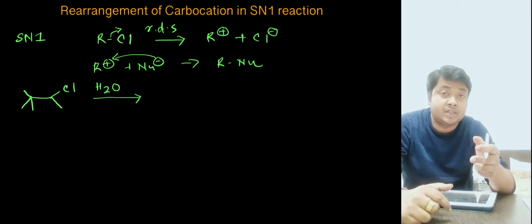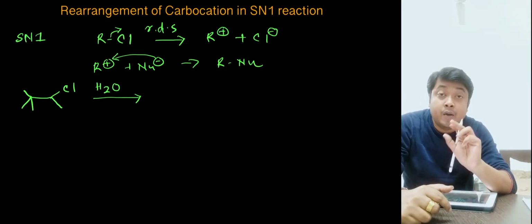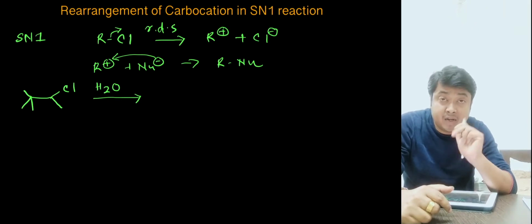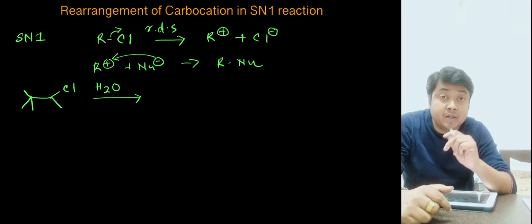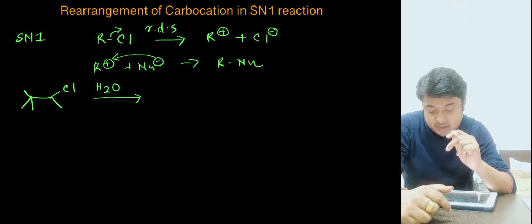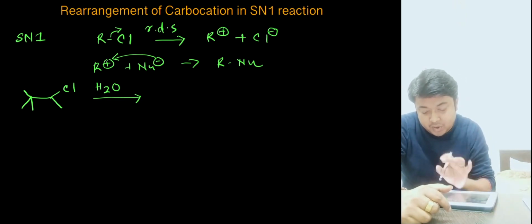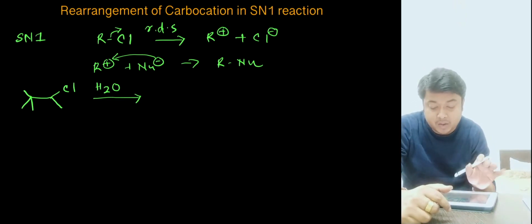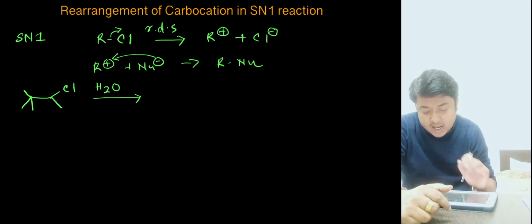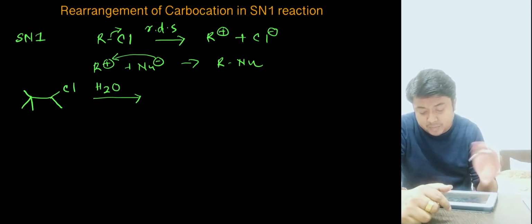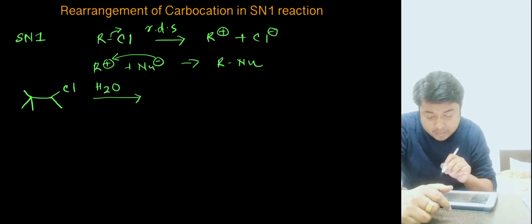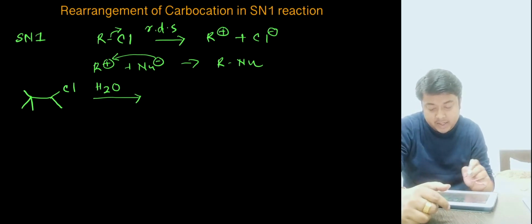In SN1 reaction, you should know that weak nucleophile favors. Here H2O is a weak nucleophile. That means here the more chances of SN1 reaction compared to SN2 reaction. I am not going into the detail of comparison between SN1 and SN2 in this lecture. I will mainly focus on rearrangement of carbocation.